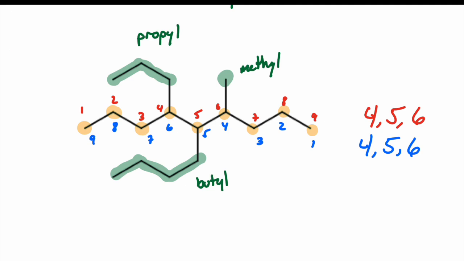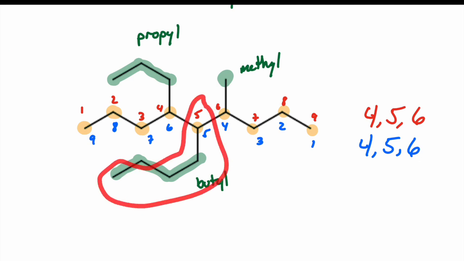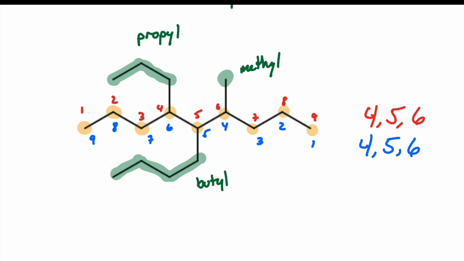So again, we have a tie. How do we break that tie with alphabetical order? Notice that my butyl group is on the same number regardless of which one of these I pick, right? So we're going to have to look here for our breaking of our tie at the methyl and the propyl group. In this case, M comes before P in the alphabet. So we're going to use that numbering scheme that puts my methyl group on the lowest number, that blue numbering scheme.